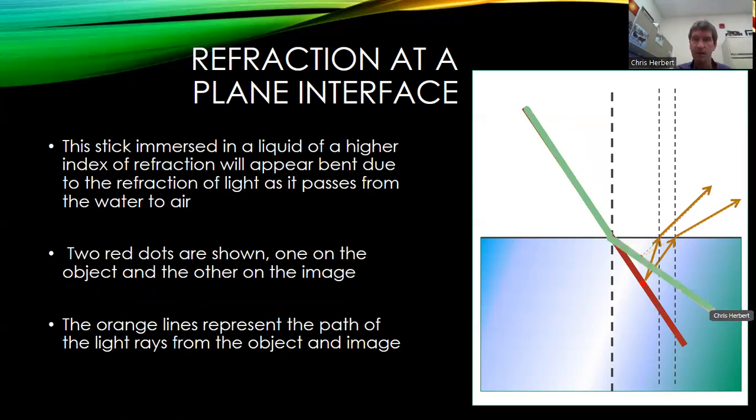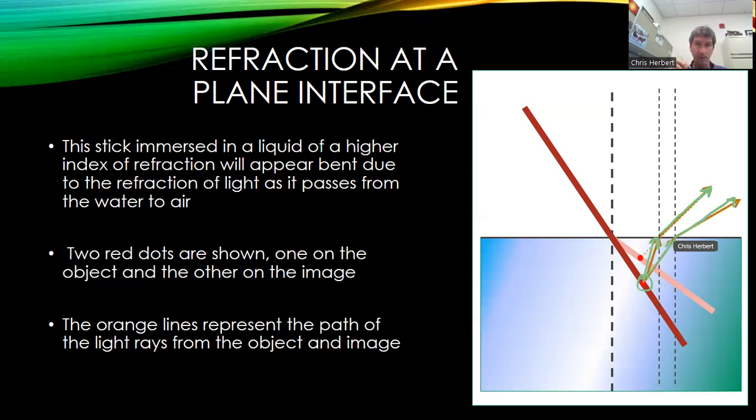Obviously, the pole itself is not bending, but what's happening here is, every point on the pole, which is now submerged, the light coming off of that and propagating through the water is going to change directions as it passes through the interface.